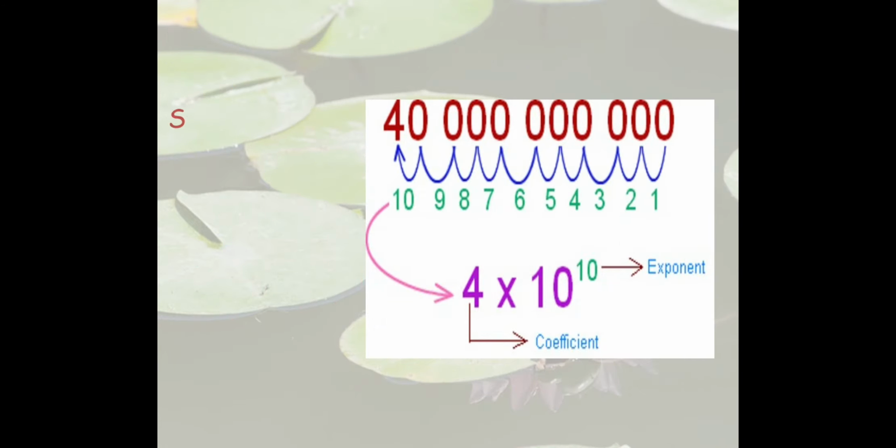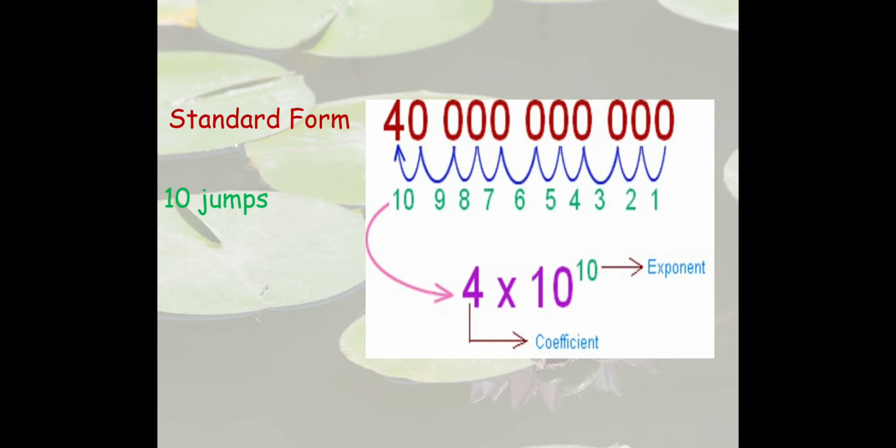Here we have another example. We're given the standard form 40 billion. Again there is no decimal point, so we place our decimal point after the last 0, and then we have to move it backwards until we reach the first number on the left, and we put a decimal point right behind it. We are going to jump 10 jumps.